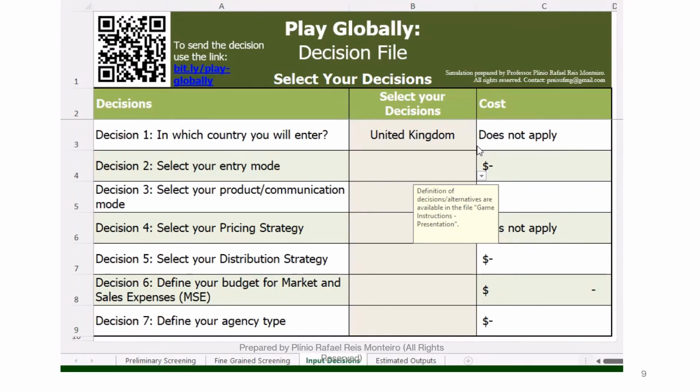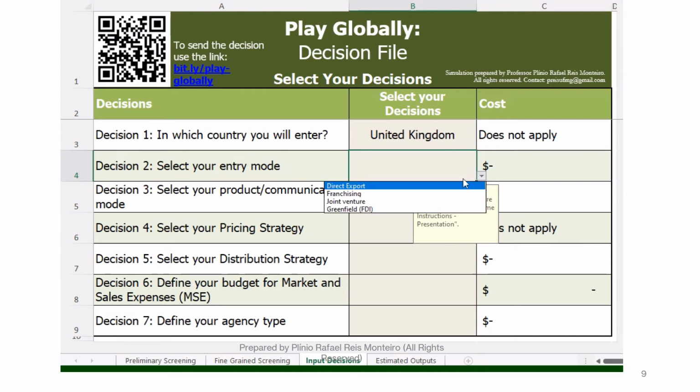Let's give one example, thinking about United Kingdom as my target country. So suppose that I'm going to enter United Kingdom, and I believe that United Kingdom is a country with a relatively high CAGE distance, so they are not so close to us in terms of culture and institutions. Then I can select the entry mode that I believe.